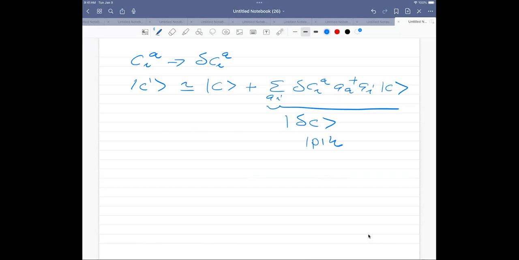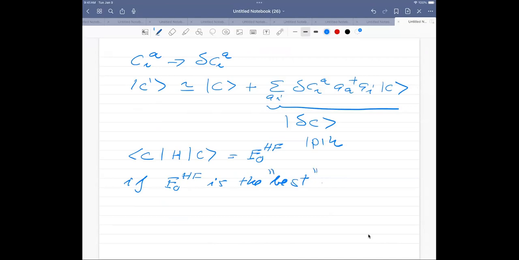So what I want to do now is simply to calculate the expectation value. So if we assume that the expectation value of the Hamiltonian in the state C is given by E0 Hartree-Fock, so if E0 Hartree-Fock is the best minimum we can get with Hartree-Fock theory, let's put this in quotation marks.